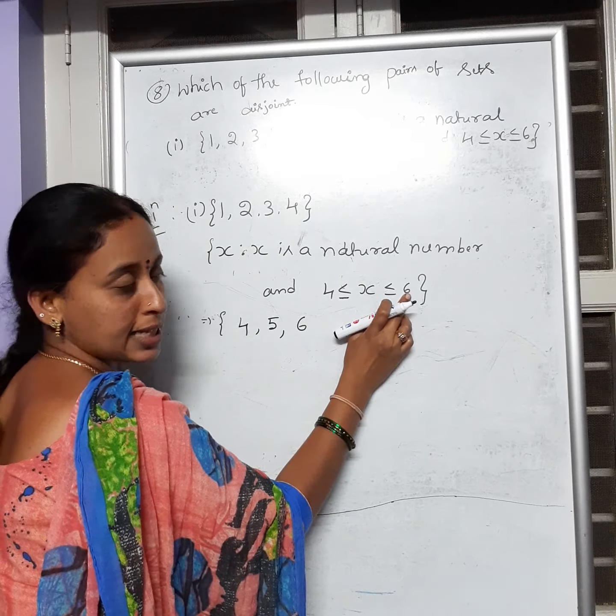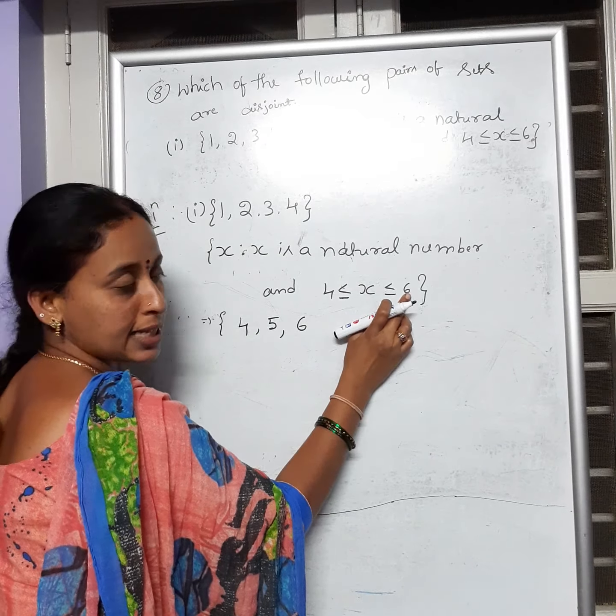Now we get two sets, right? One is 1, 2, 3, 4, and its intersection with 4, 5, 6. Now let's see which element is common to both sets.